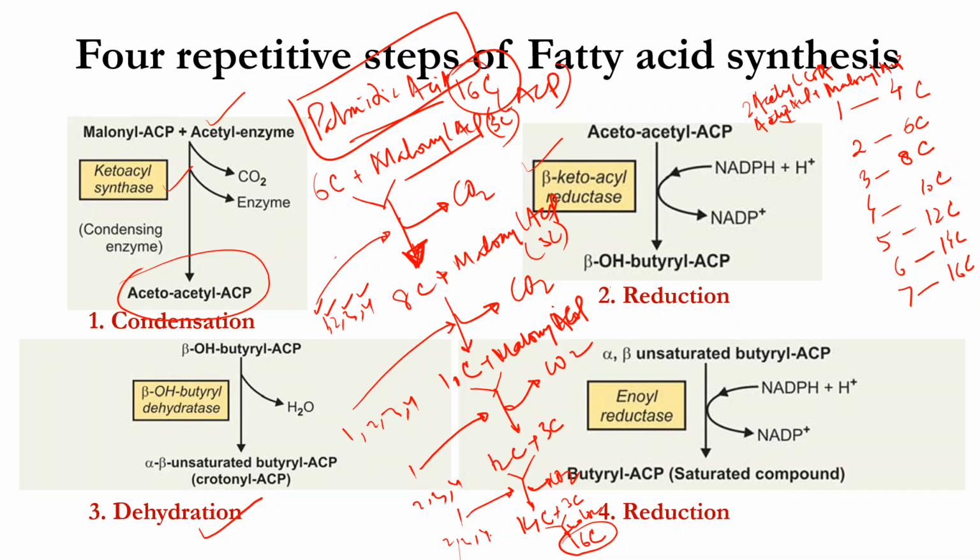So it will form 4 carbon. Initially we discussed that 1, 4 carbon is synthesized, and these 1, 2, 3, 4 repetitive steps need 2 acetyl coenzyme A plus 2 NADPH.